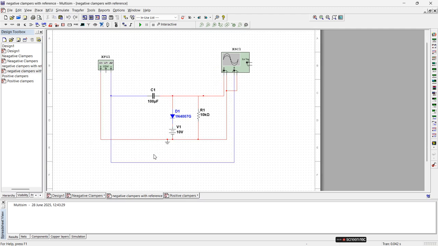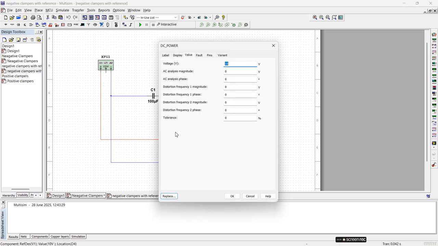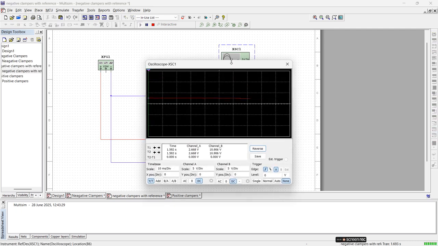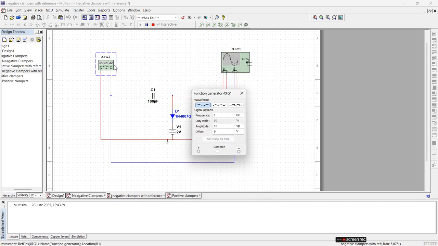So it is a negative clamper with positive bias. Okay, negative clamper with positive bias. So I change the voltage, 2 volt I am using. Now run the program. It's 1 kilohertz frequency, 5 volt peak.